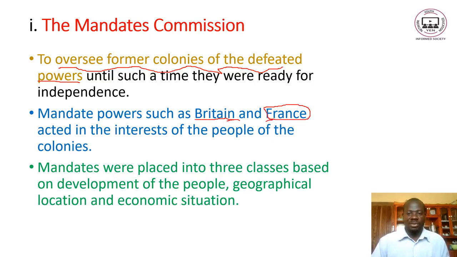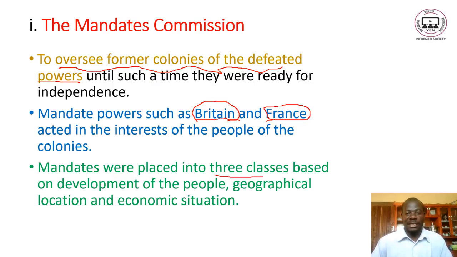So the question asked was, what were the mandate powers? Britain and France, they acted in the interest of the people of those colonies. So they were the ones who took over the control or the charge of those mandates. So mandates were placed into three classes.